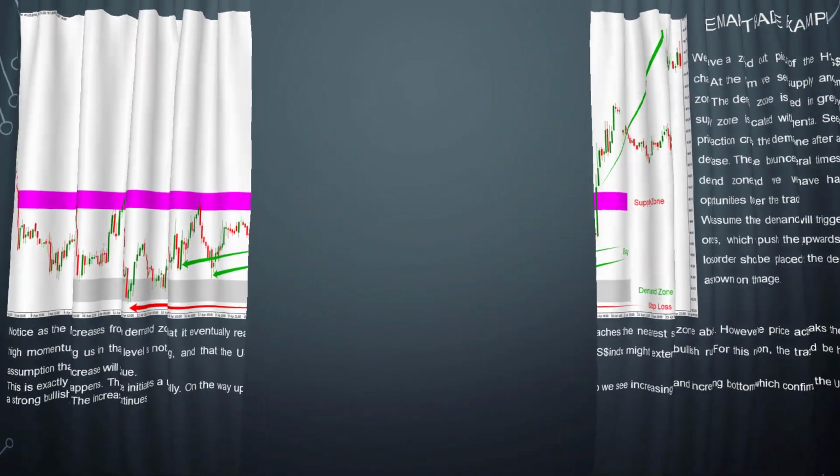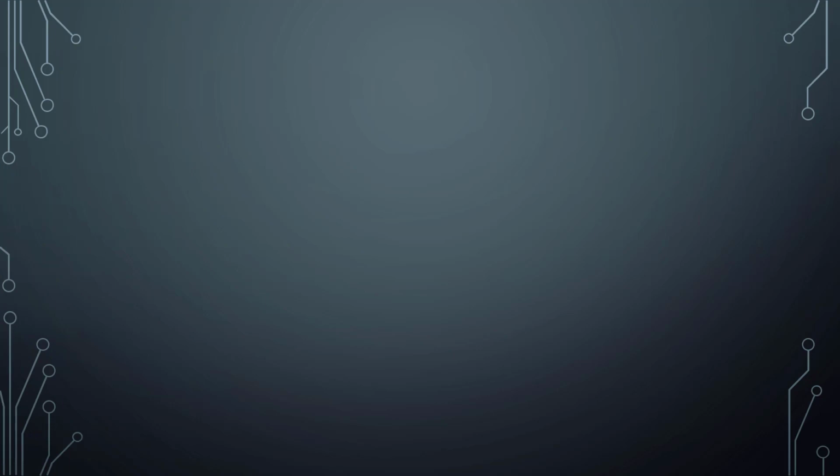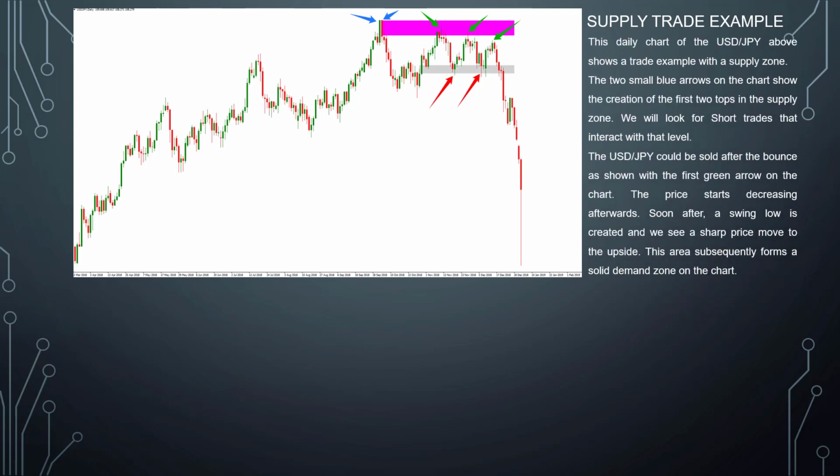Now let's take a look at a supply trade example. Right, here we've got the daily chart of USDJPY, which is showing us a trade example with a supply zone.